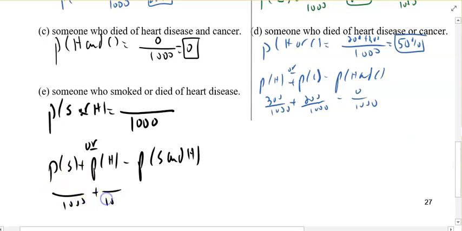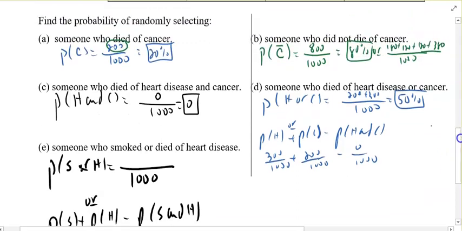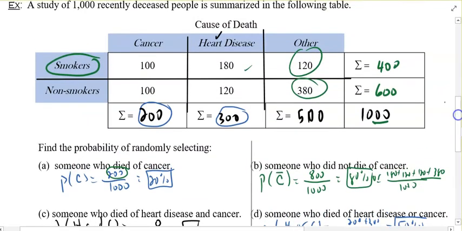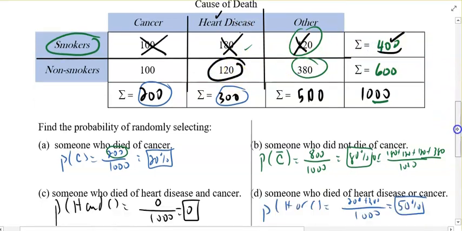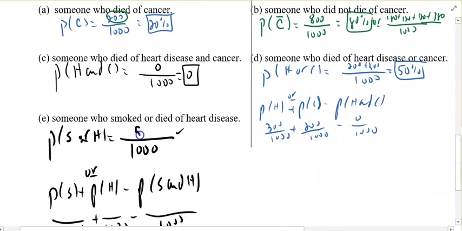So again, you have that option every time. So if I go by this technique, smoker or heart disease, smoker, 100 plus 180 plus 120, that's 400, right? Or heart disease, 400 plus 120 is 520. That's 52%.